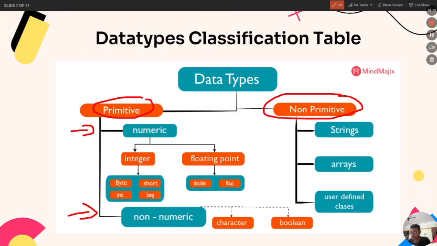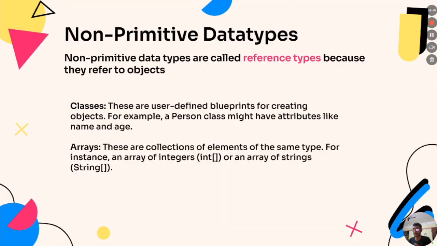Boolean is a kind of non-numeric data type, and it just says true or false. If you have assigned some condition, and the condition is met, it will assign the value true. If the condition is not met, it simply assigns the value false. There is no other type of data other than true or false when you use this boolean data type.